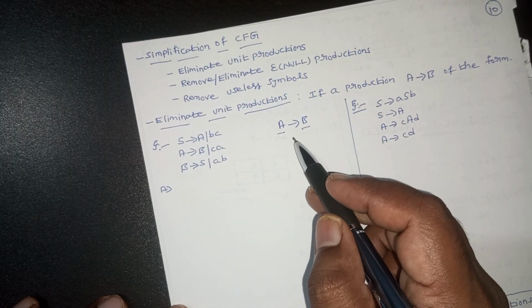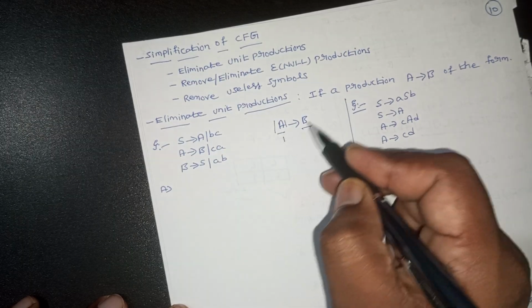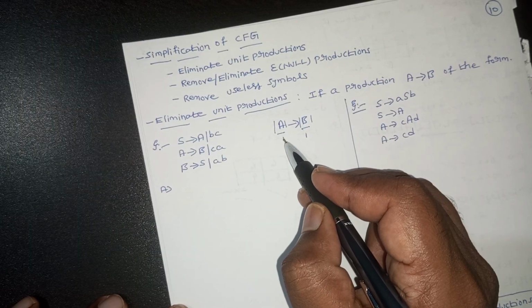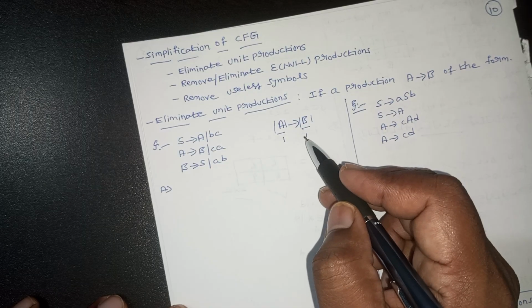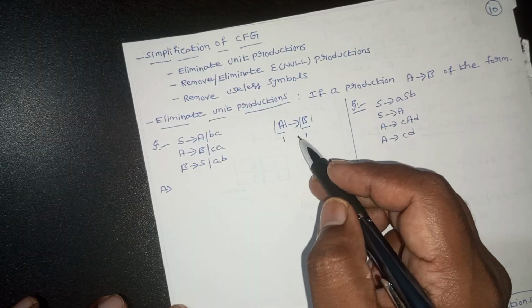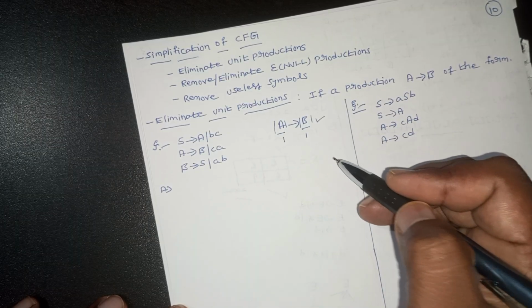There is no ending here. Count equal to how much? It is 1. So LHS equal to 1 variable, RHS equal to 1 variable. At that time what you have to do? You have to eliminate these type of productions. Why? Because these type of productions may enter into the infinite loop.